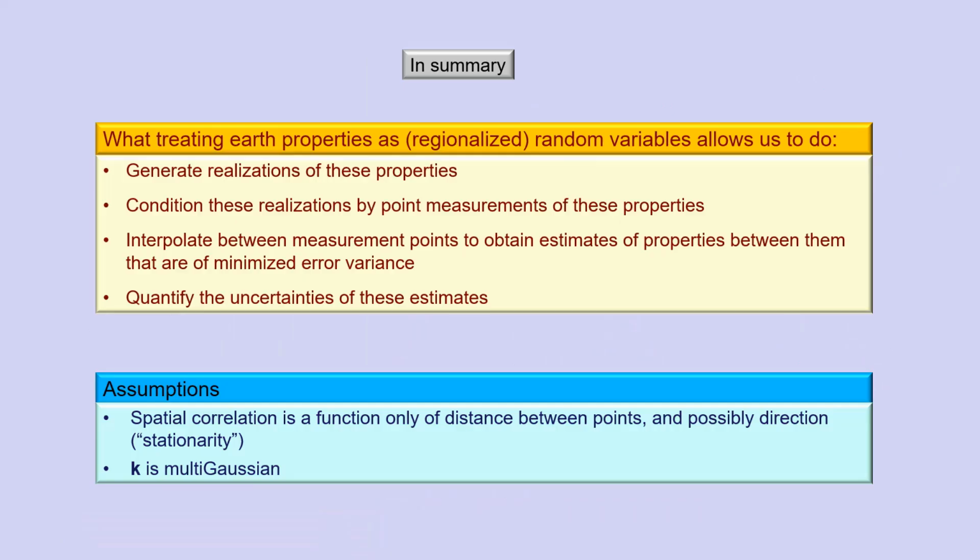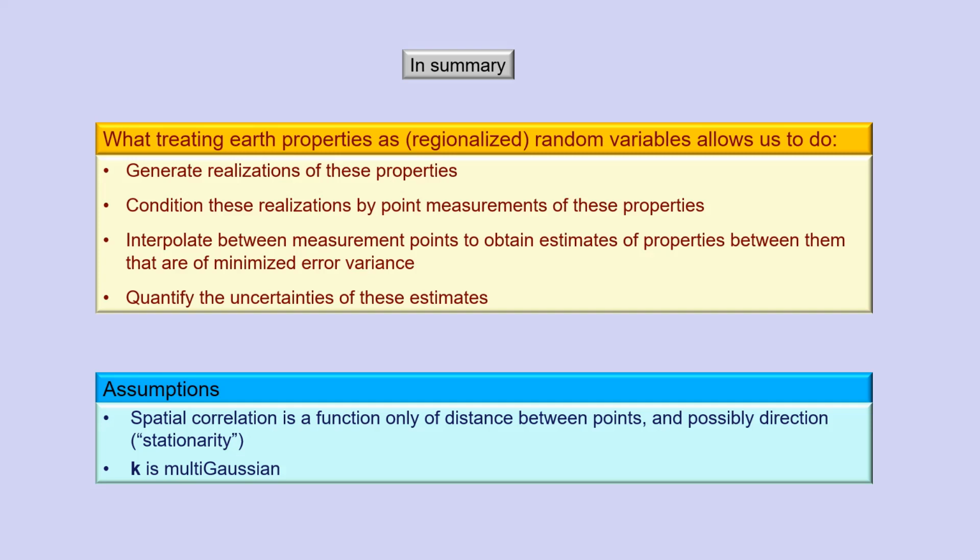So in summary then, by treating Earth properties statistically, we get to do some pretty useful things. Now we're acting under the premise here, there are assumptions here, assumptions which are probably violated to a greater or lesser degree in just about every geological medium, but nevertheless not violated so badly in many places that we cannot use these principles.